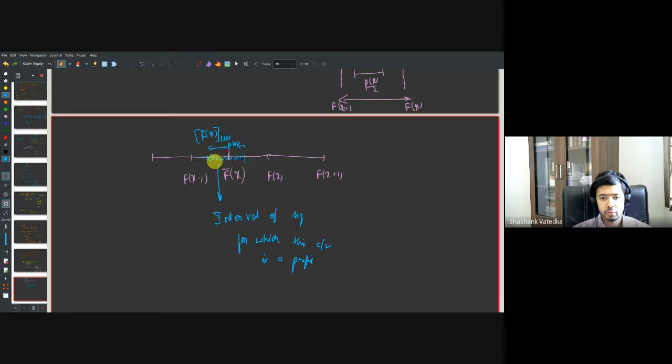Okay, but what we know about this, since this is p of x over 2 and this is always to the left of f bar of x, this bad interval is going to be strictly within f of x minus 1 and f of x. That is guaranteed, because this distance is p of x over 2 and this can only be to the left. So both the bad interval and the true code word are going to lie within this interval.